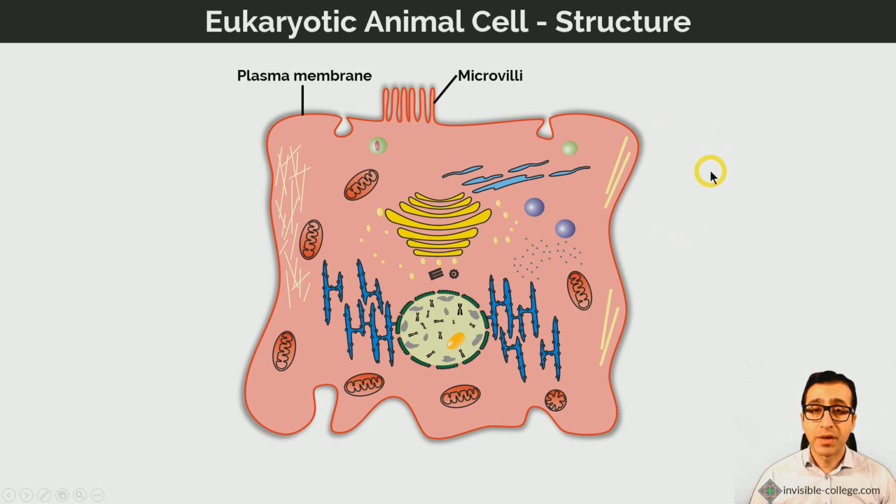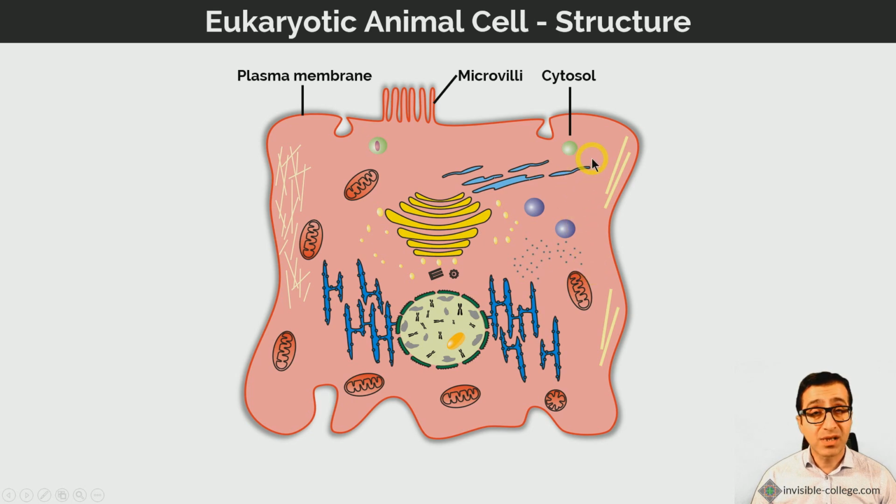Now we also have another important part of cells which is called the cytosol. Now the cytosol is not the same thing as the cytoplasm. The cytoplasm technically is everything inside the cell membrane, including many organelles as well as the gel-like fluid which makes up the cytoplasm.